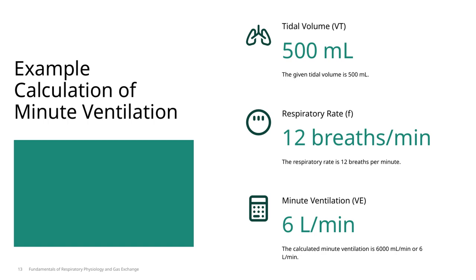This is a key concept because it shows us how these two variables, tidal volume and respiratory rate, combine to determine overall ventilation. Understanding this helps us appreciate how the respiratory system adapts to meet the body's oxygen demands and remove carbon dioxide efficiently, which is fundamental when studying respiratory physiology and gas exchange.